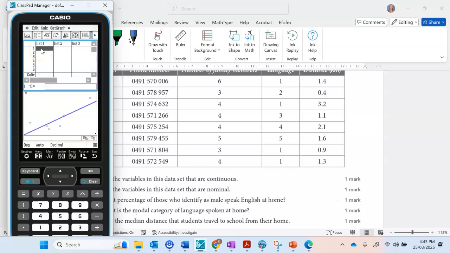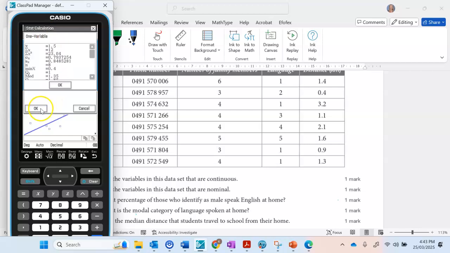I'm going to type in very quickly all those distances. All right, 9 and 1.3. Just make sure I've got it correct: 1, 2, 3, 4, 5, 6, 7, 8. Beautiful. Okay, so we go to calc, 1 variable, and it's in list 1. And there's our median, 1.35.